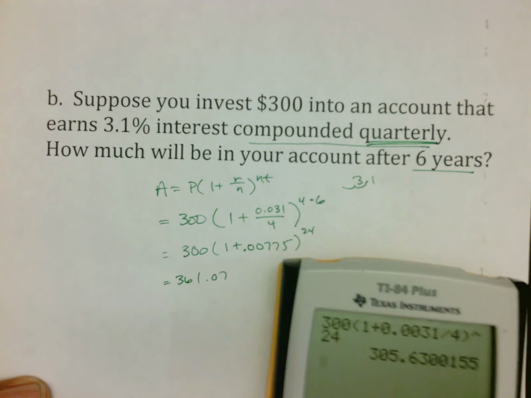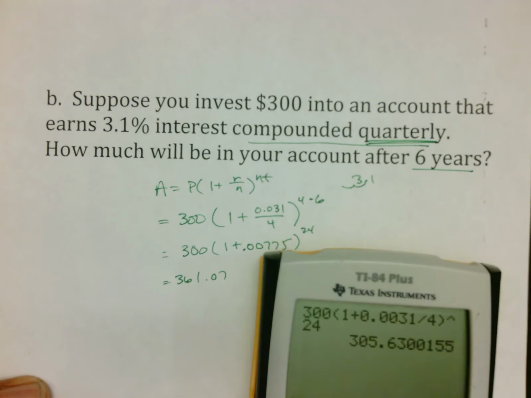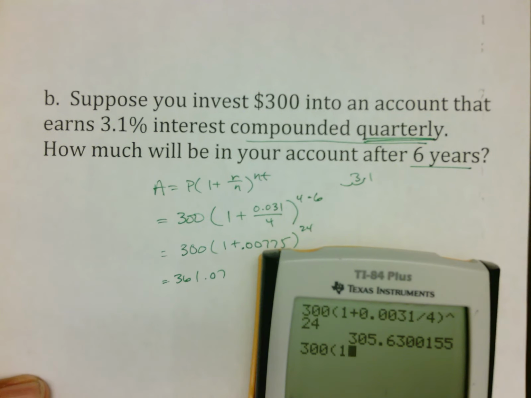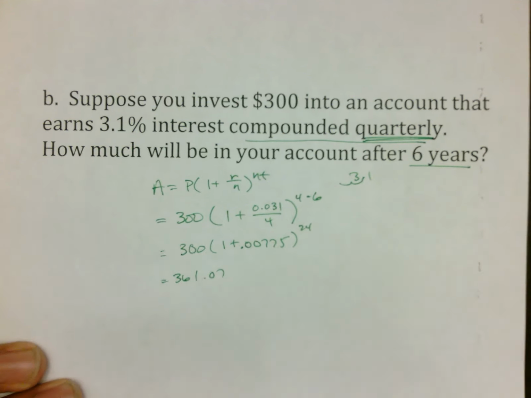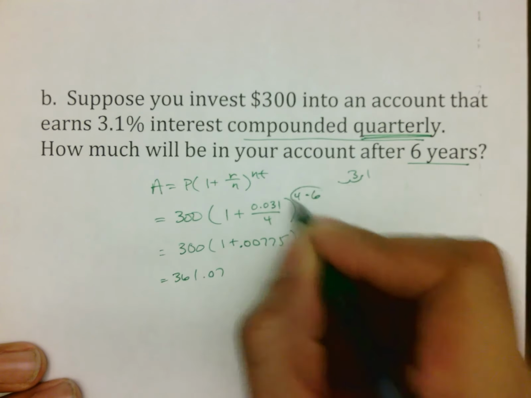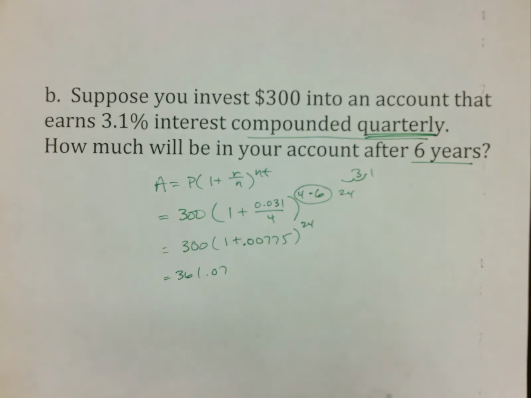I put 0.0031, sorry. So 300 parentheses 1 plus 0.031 divided by 4, because it should work with the order of operations, caret 24, and yet you do get your 361.07. So I guess you can type it in that way, which makes it a little bit easier. Again, I would just suggest not typing in 4 times 6 as your power, but actually turn that into a 24 so you can type it in correctly.